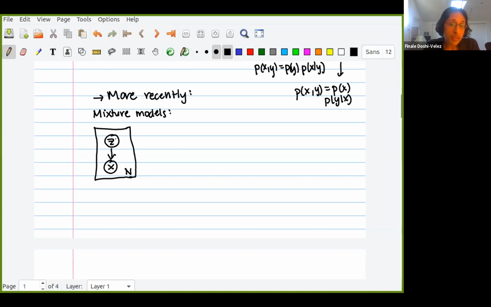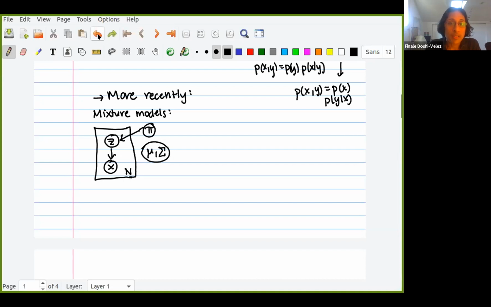right? So how are those Z's being produced? Well, there's some probabilities pi that choose the category, right? Which is the component that you're going to be selecting from. And those are common to all the data points. So I'm drawing it outside. And then there's also some mixture parameters. There's some mu's and there's some sigmas for the Gaussian mixture model. And there's a bunch of these, right? There's K of these, actually.